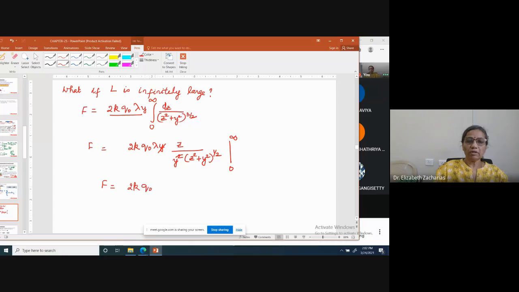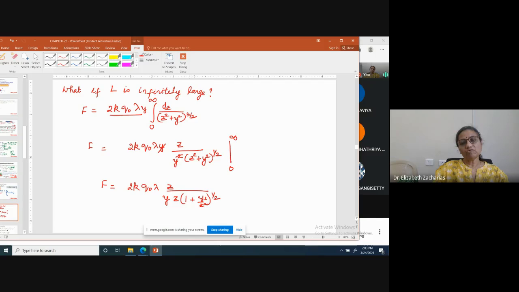q naught lambda z divided by y into, let me just take z tends to infinity, so let me take z out of this under root. So I get z into (1 plus y square by z square) to the power of half. I've simply taken the z square outside.